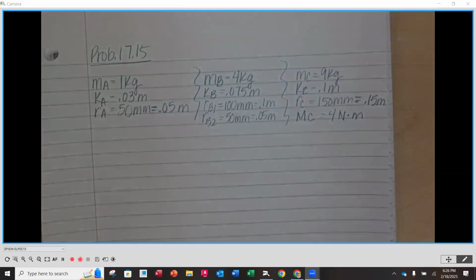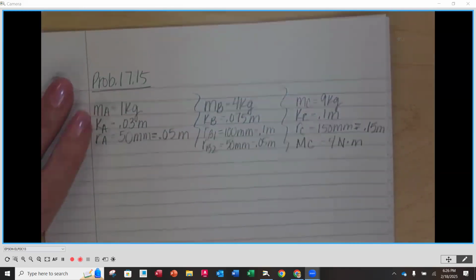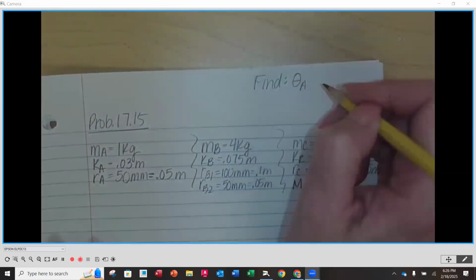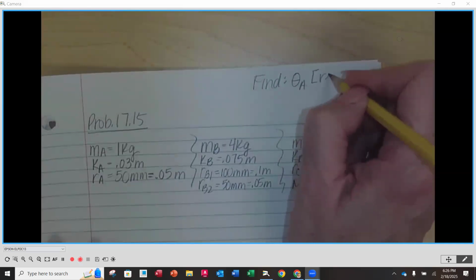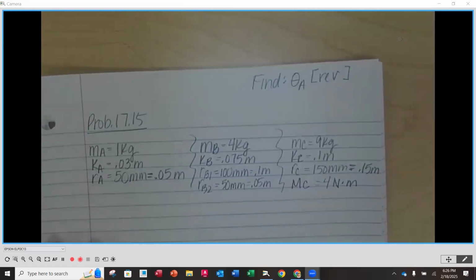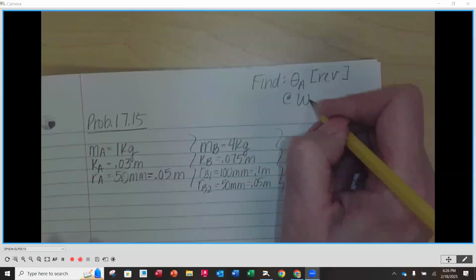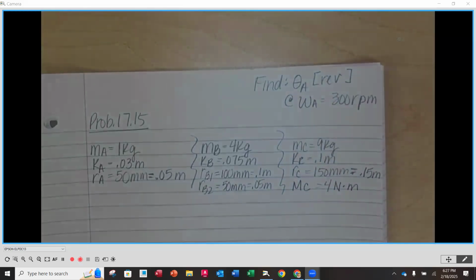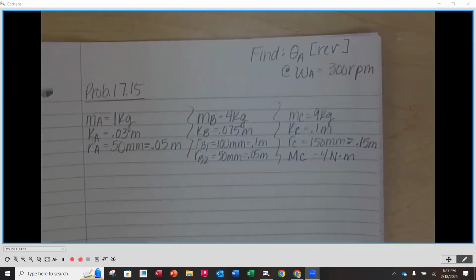Okay. Now, we need to find theta A in revolutions at WA equal to 300 RPMs. Okay. All right, so that's what we're given.